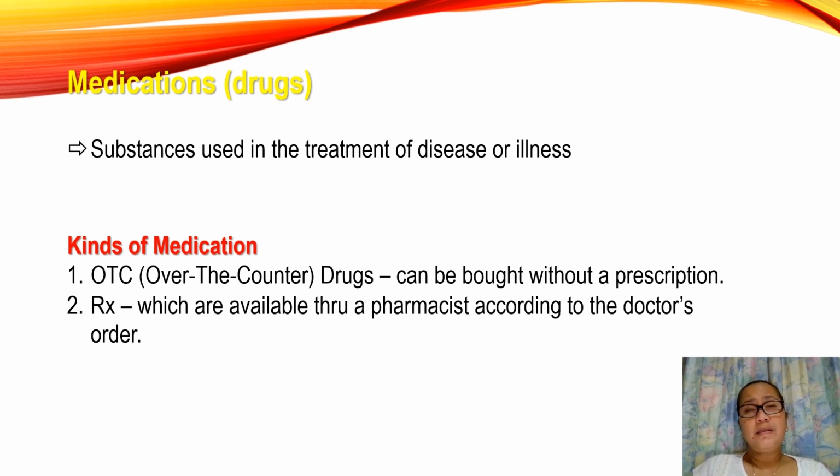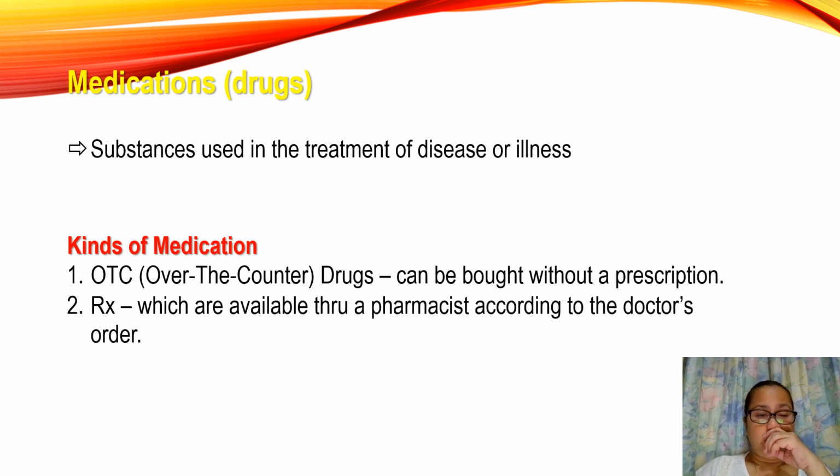It causes harm, and yet hindi masyado, compared to those others, or just like your antibiotics. So they are considered over the counter. What else? We have ointments. All topical medications are considered OTC or over the counter.